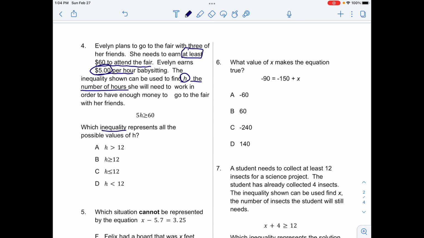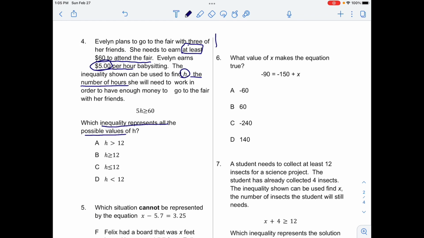Which inequality represents all the possible values of H? Okay, so to help us here, we're going to look at our key words, which is "at least." So we need to remember that is greater than or equal to, greater than, less than or equal to, or less than. So here we go.